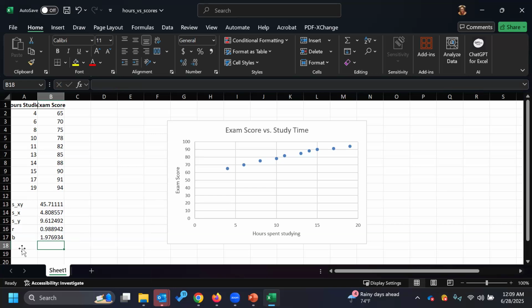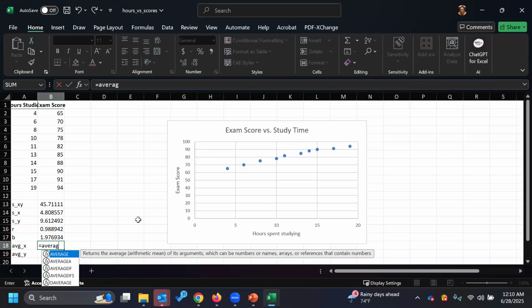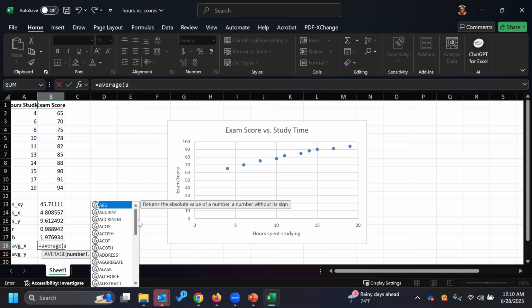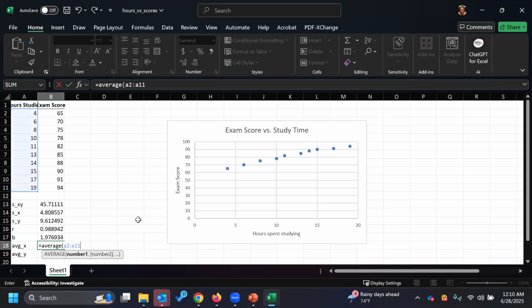Now, to get A, we're going to need the means. So I want to do the average of the X and the average of the Y. All right, so average A2 through A11 and average B2 through B11.